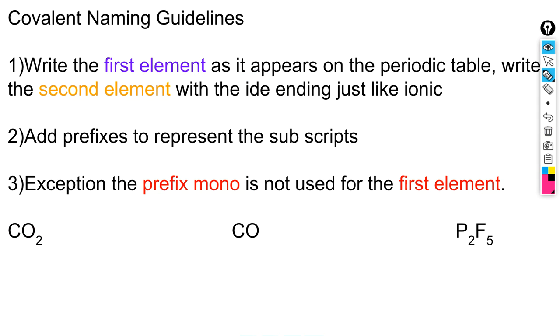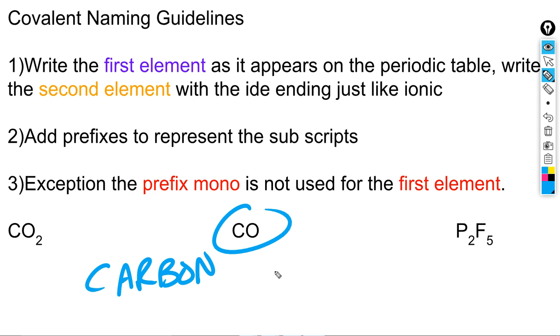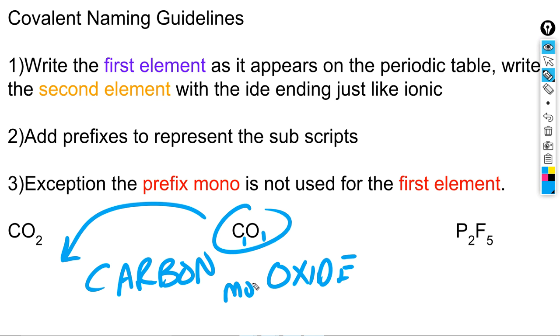element. Let's try this one. Carbon oxide. Leave a little space for your prefix. And remember, this is a 1, so we don't write anything for a prefix for carbon. And this is a 1. The second element is mono.